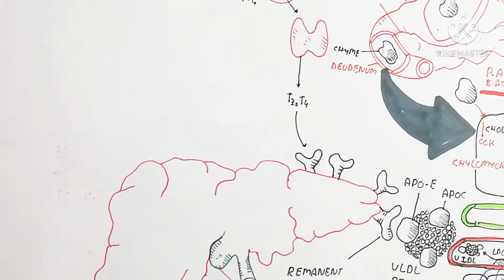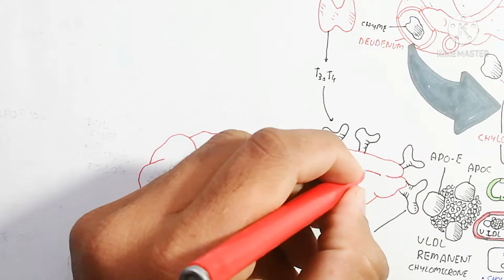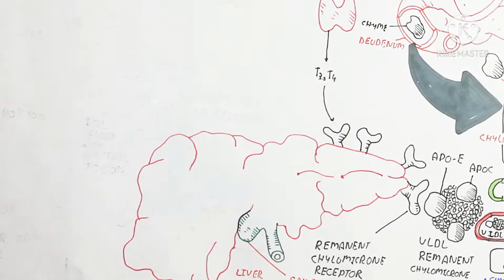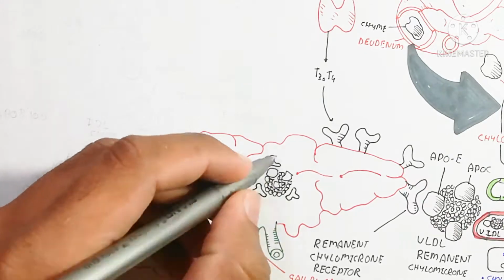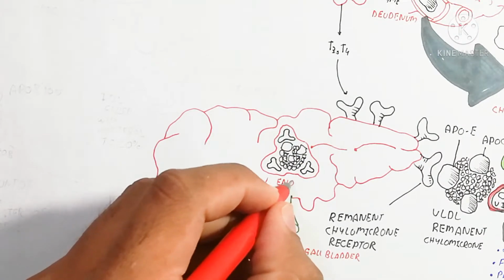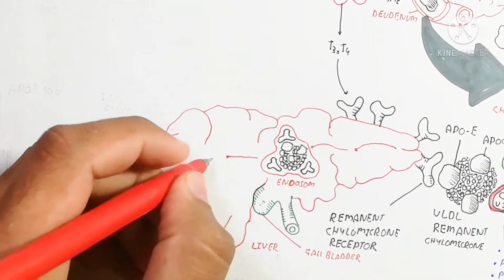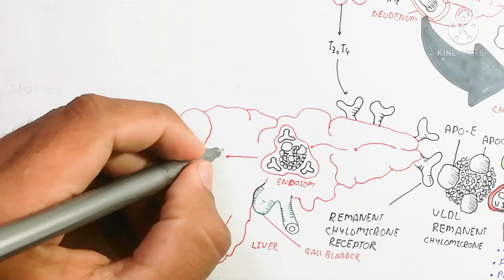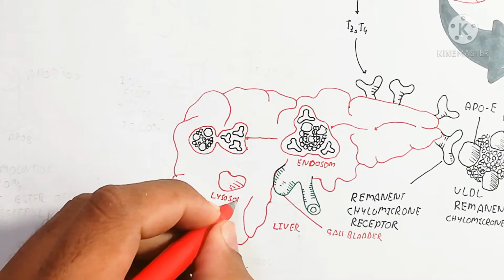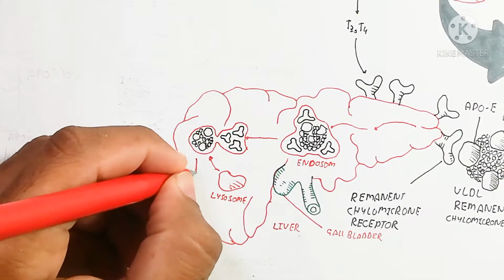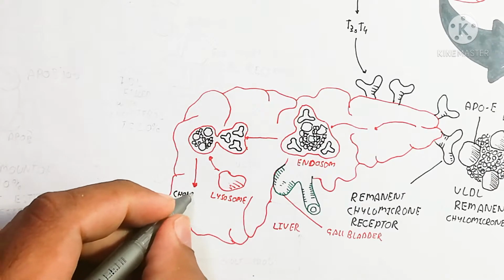And here is the remnant chylomicron receptor, which receives the very low density lipoprotein. It is important to know that the remnant chylomicron will enter by endocytosis. The endocytosed particle is known as the endosome. The endosome also contains the receptor, but the receptor will be separated, and the chylomicron will be separated, with the very low density lipoprotein.